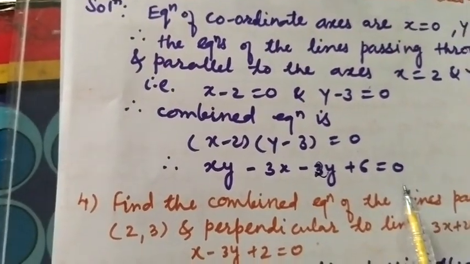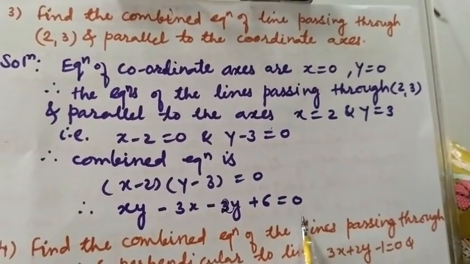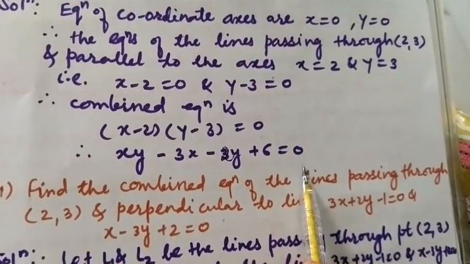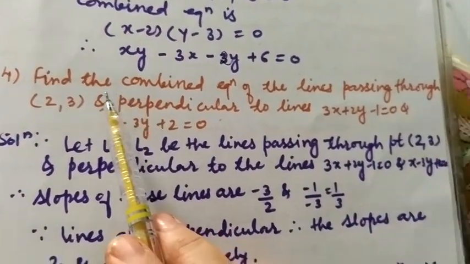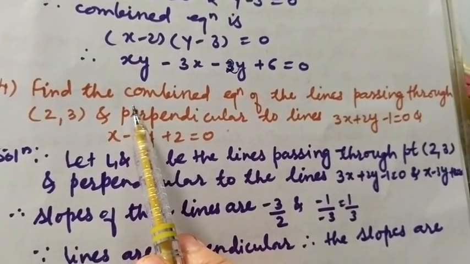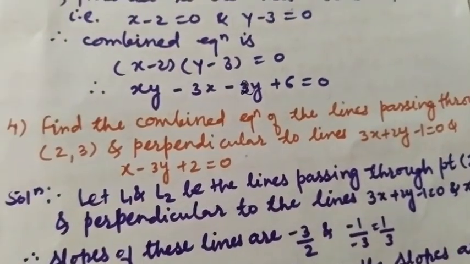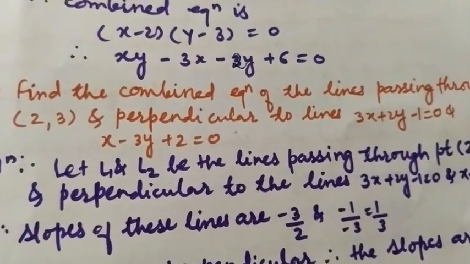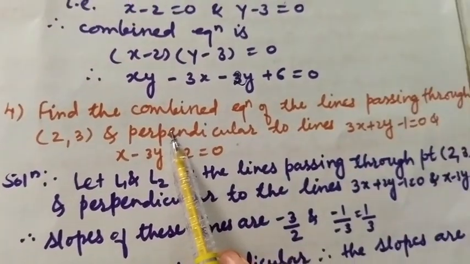So this is the equation of the line, which is the combined equation of lines. Another example we will see. Find the combined equation of the lines passing through (2, 3) and perpendicular to the lines 3x + 2y - 1 = 0 and x - 3y + 2 = 0. See, this word, perpendicular, is important here.